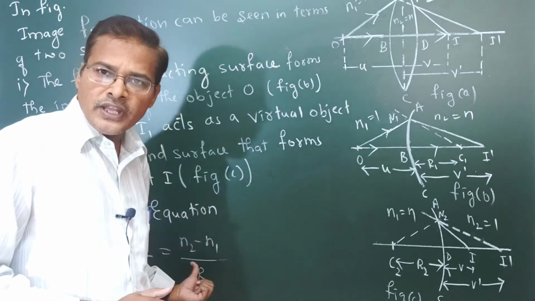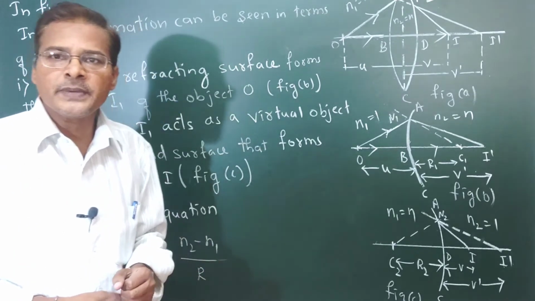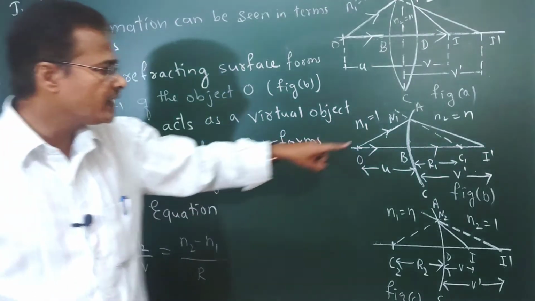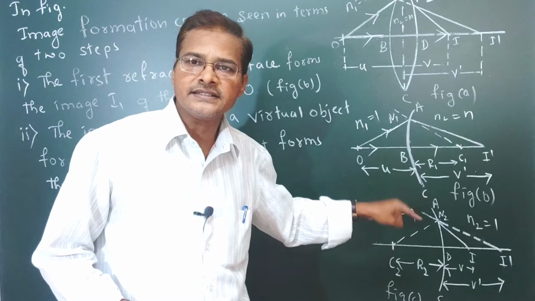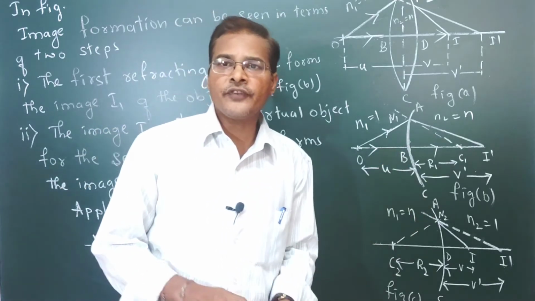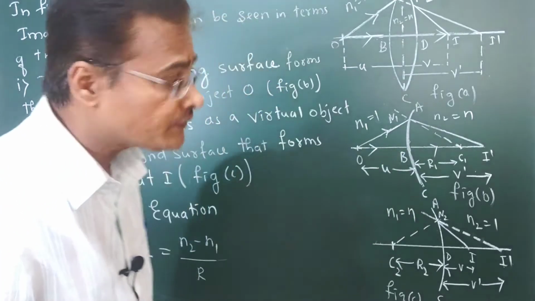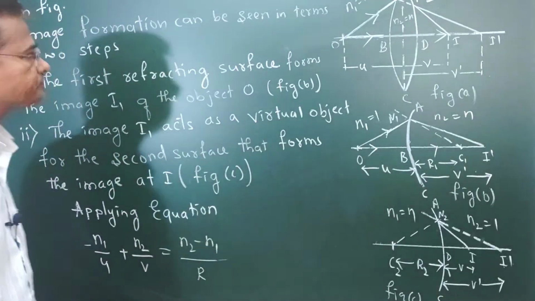Now we are going to apply this to the two spherical surfaces. One spherical surface is ABC and the other spherical surface is ADC. So we are going to understand refraction through the spherical surface ABC. Now listen here.